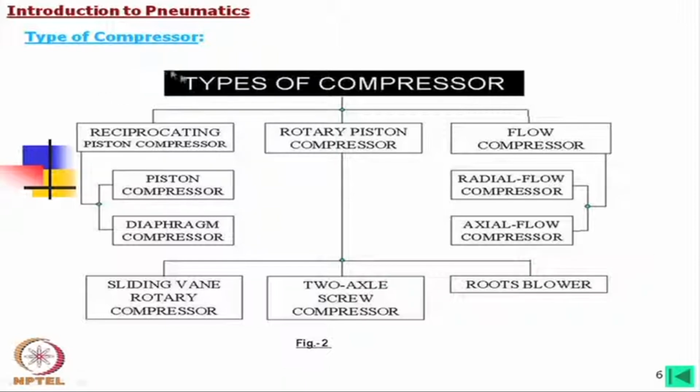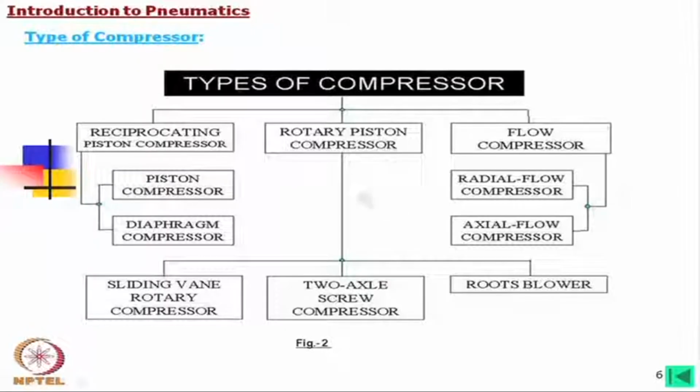Anyway, rotary piston usually means a volume is trapped and then compressed by changing the variable area. In case of reciprocating, normally the stroke length varies, the area does not vary.